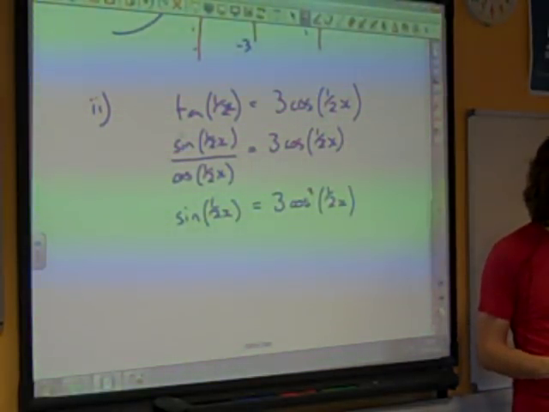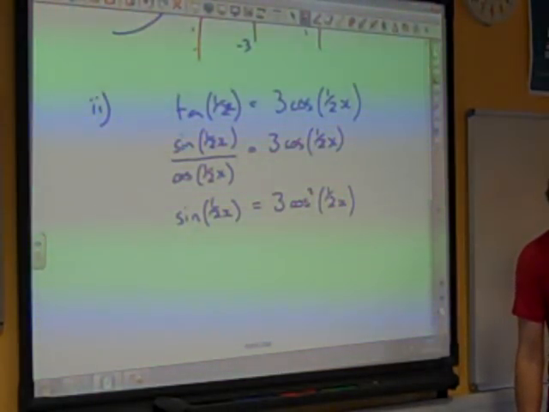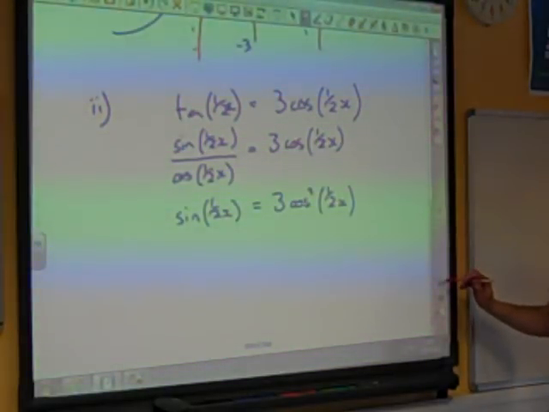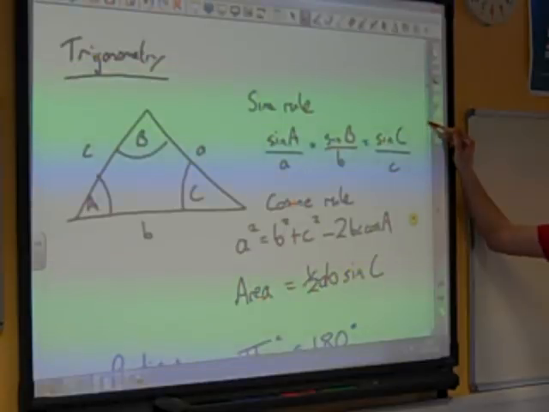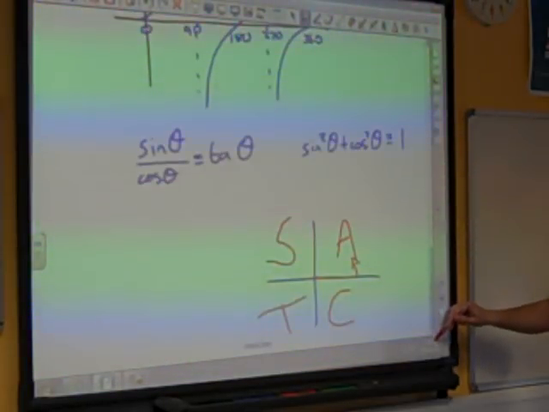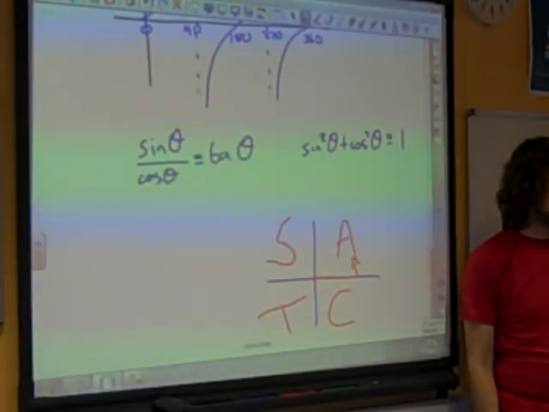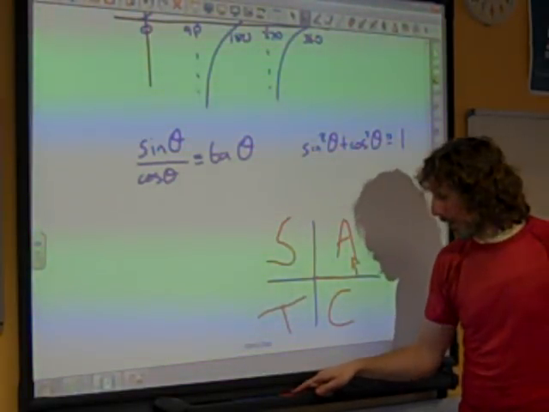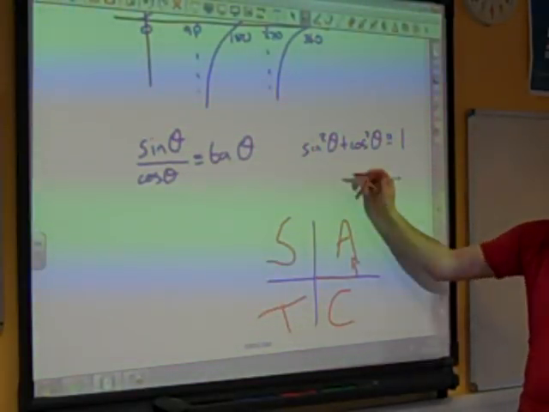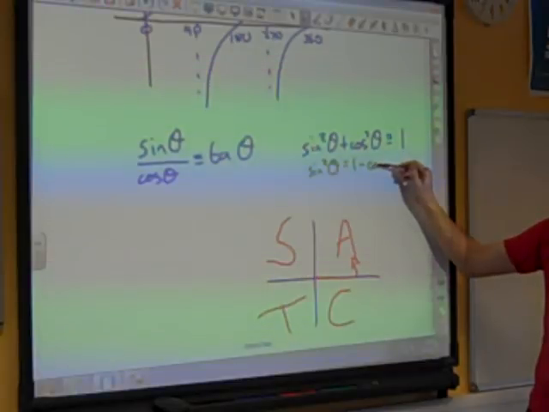Now, I just in passing didn't do much with the second identity. I was thinking I probably should have expressed that in another way. So if we go back a second, way back to here, one of the last things we wrote there was this. Now that's the identity, that's how you remember it, but it might be worth saying, we can also write that as sine squared theta is 1 minus cos squared theta.